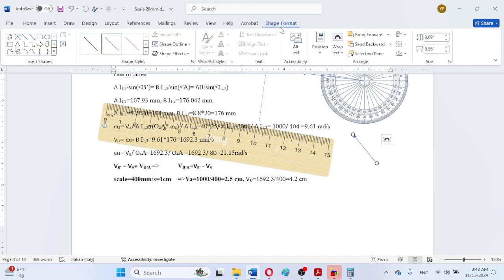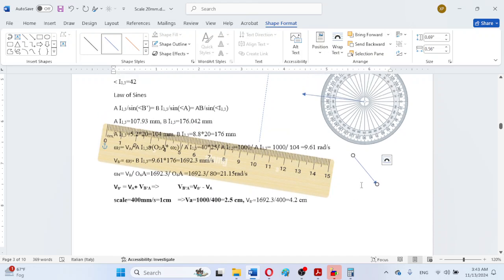For example, go into shape format area and here go into the flip option, and at the moment first flip this along vertical, and once again flip this about horizontal like this. So as we can observe that has been flipped at the same angle.